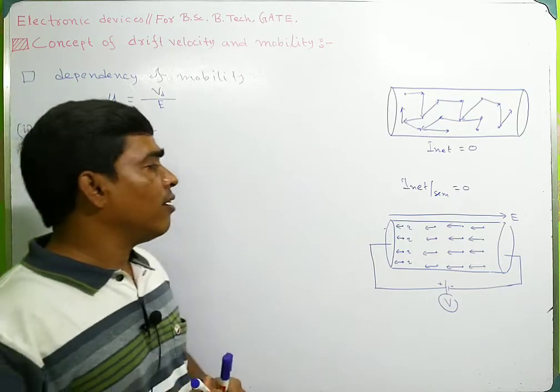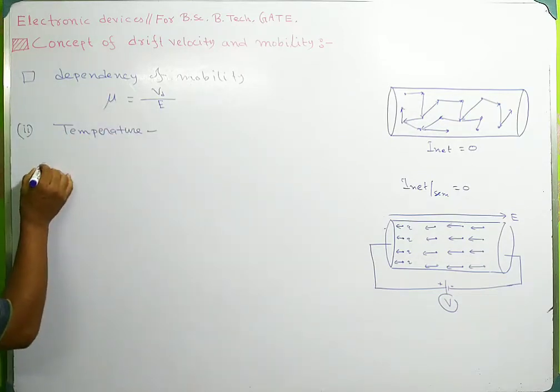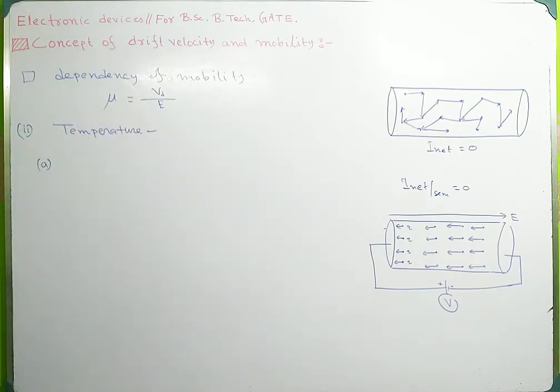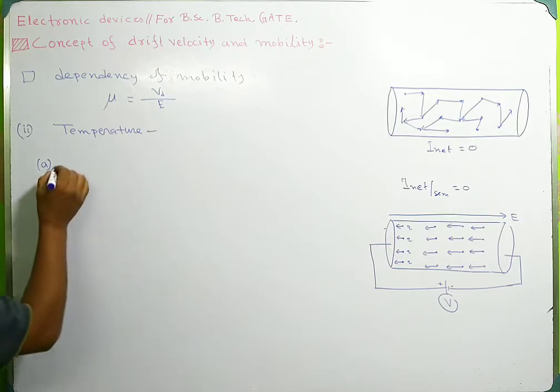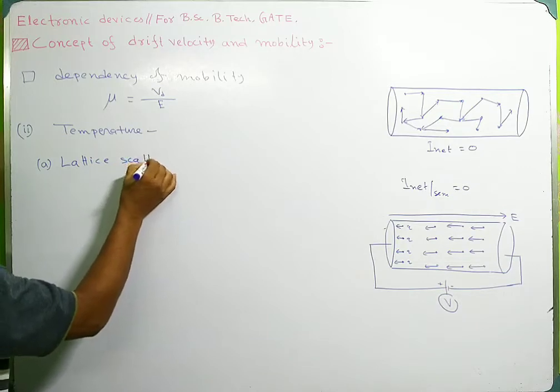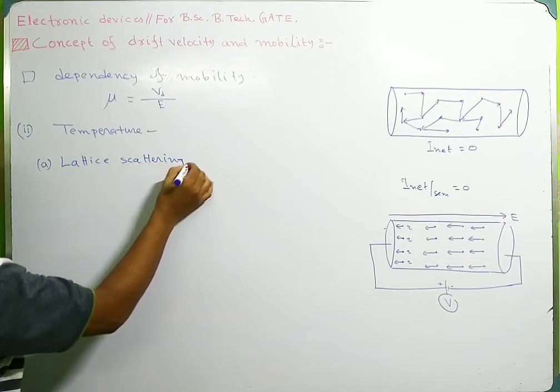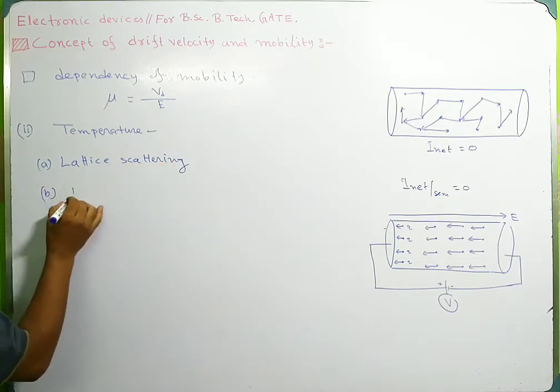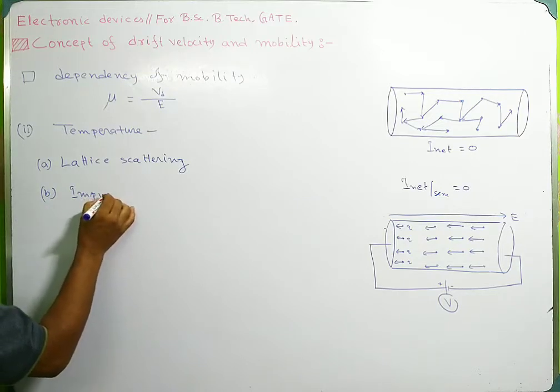Number one is lattice scattering. Number two is impurity scattering.